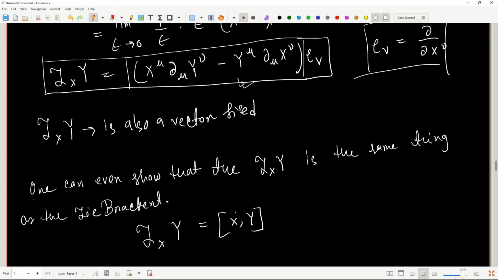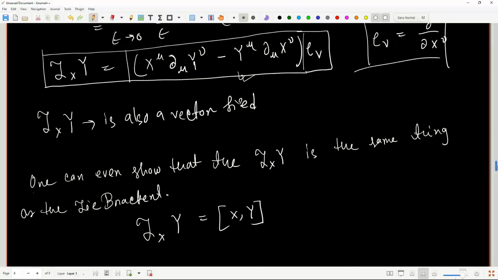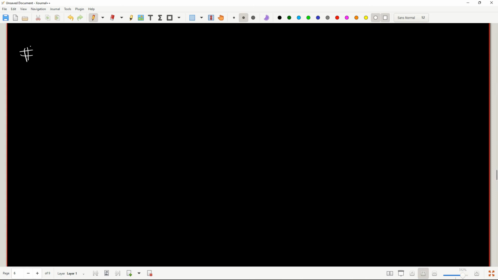Before I finish off, I want to make a brief comment about the Lie derivative of forms.